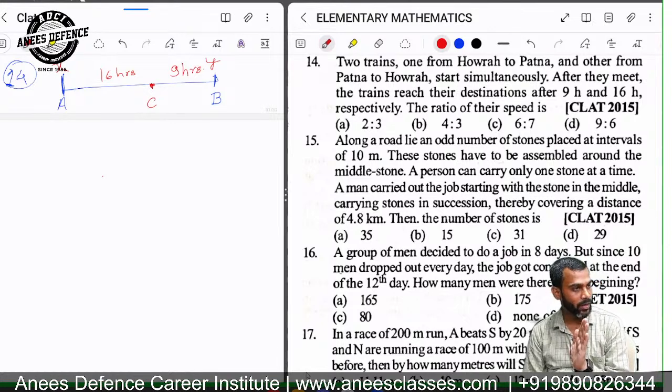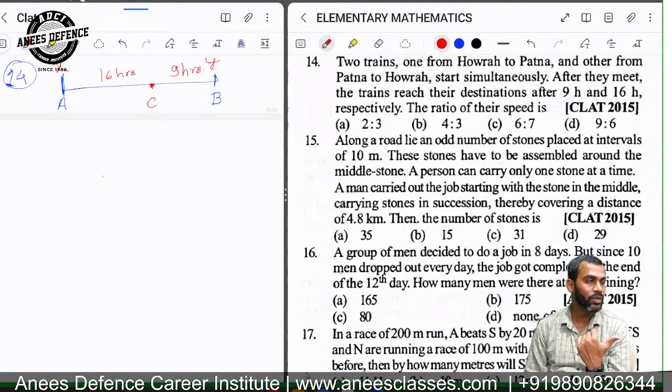X starts from A and Y starts from B. After some time, suppose T hours, both of them meet at C. Okay. Now from C, X has to go towards B and Y has to go towards A. Just opposite. Yes or no?